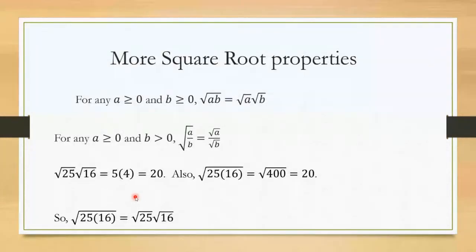Here's another one that's really nice. Namely, if you take A to be a non-negative number and B to be a non-negative number as well, the square root of the product equals the product of the square roots.